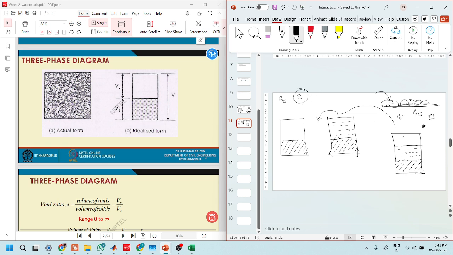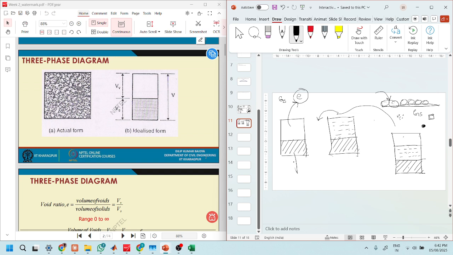It's one of the most important properties. Whatever we do with the soil, we are thinking about what changes we are making to the voids: the size of the void, the volume of the voids.